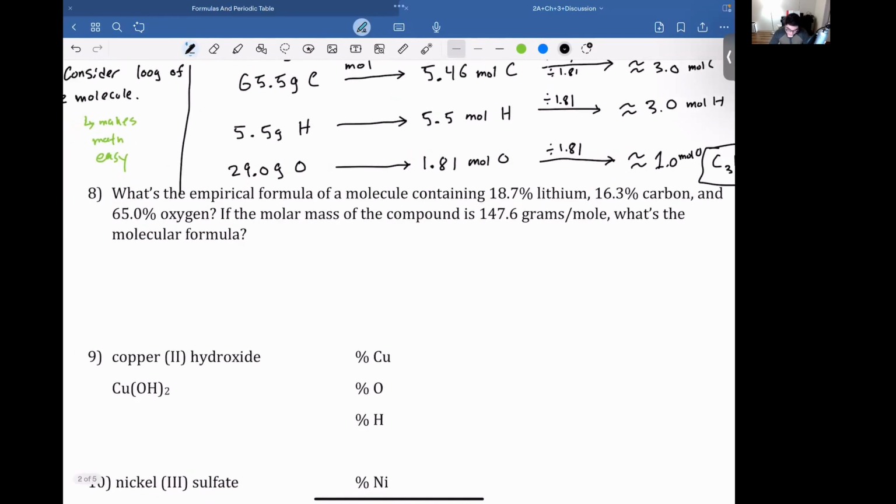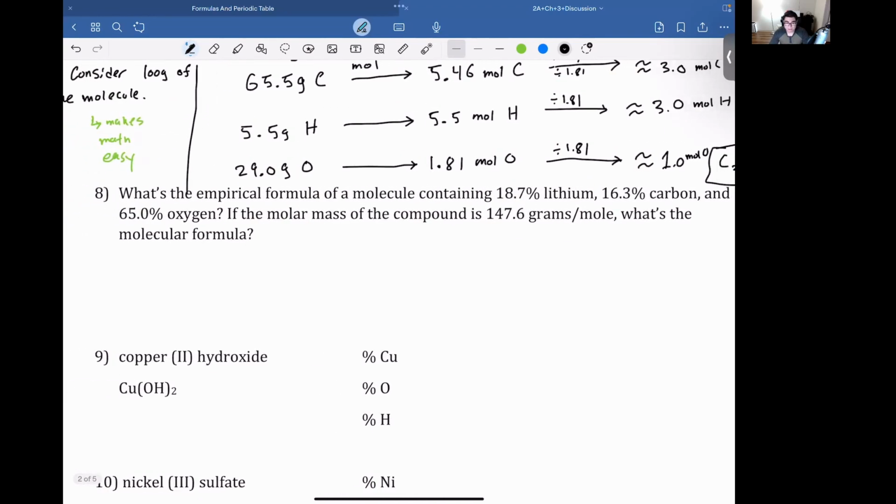Okay. So keep in mind, the empirical formula is the most simplified ratio. The molecular formula is the actual ratio, right? Like if I told you you had 2 chocolate chip cookies to 4 oatmeal cookies, actually, let me go back on that. Let's say you have 2 chocolate chip cookies and 4 oatmeal cookies, right? The simplified ratio is 1 to 2.